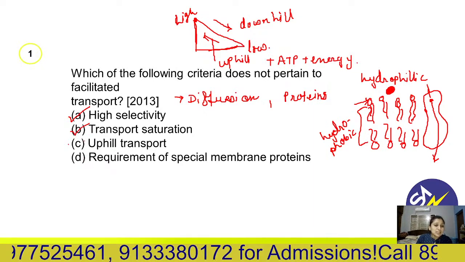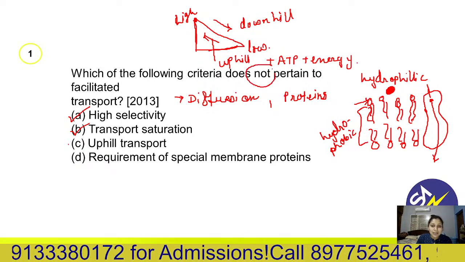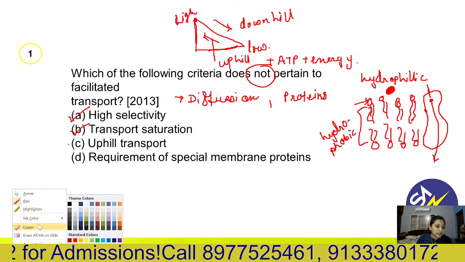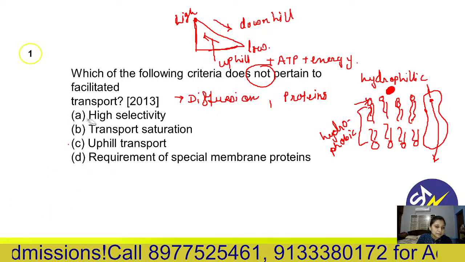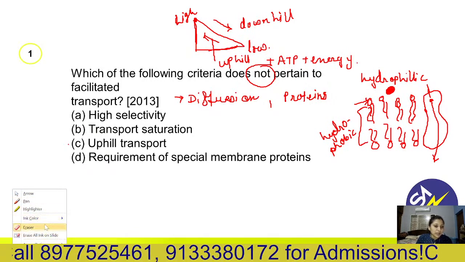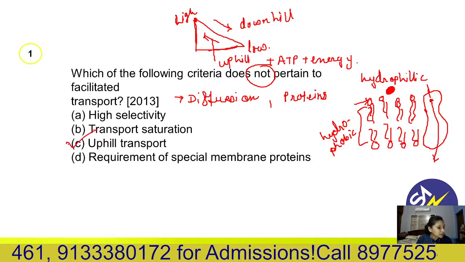And it is not uphill transport. So this is what does not pertain to facilitated diffusion. We need to select the wrong one here. That's why the correct option here is uphill transport.